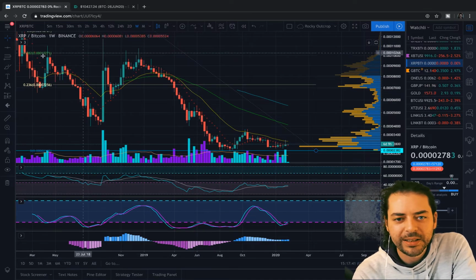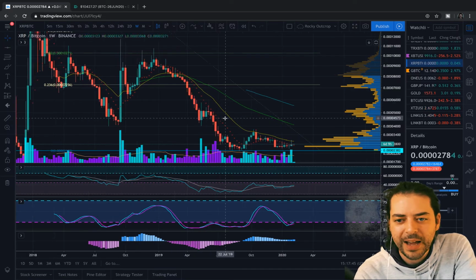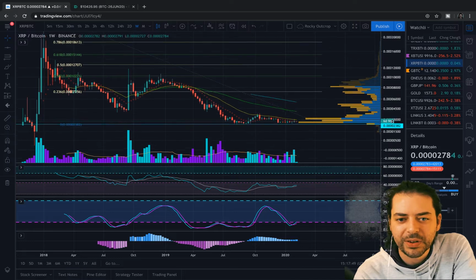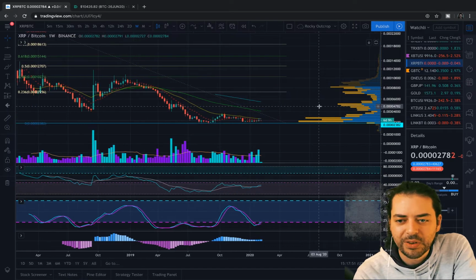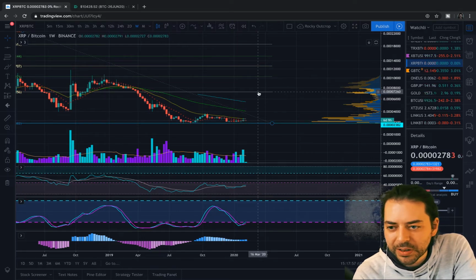All right, okay. You can see, as we come up here, we've hit off the 382 numerous times, and we come down and we haven't achieved the 236. What are we looking for in this Fibonacci retracement that I've drawn here, which is rather useless because it's currently useless? Well, we need the price to come up to here and live above it. That's 0.000 something 7, and the price at the minute is 0.000 something 2.